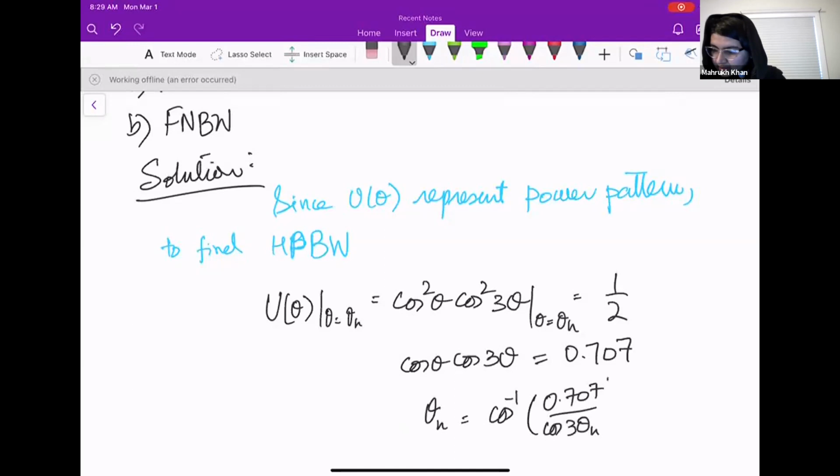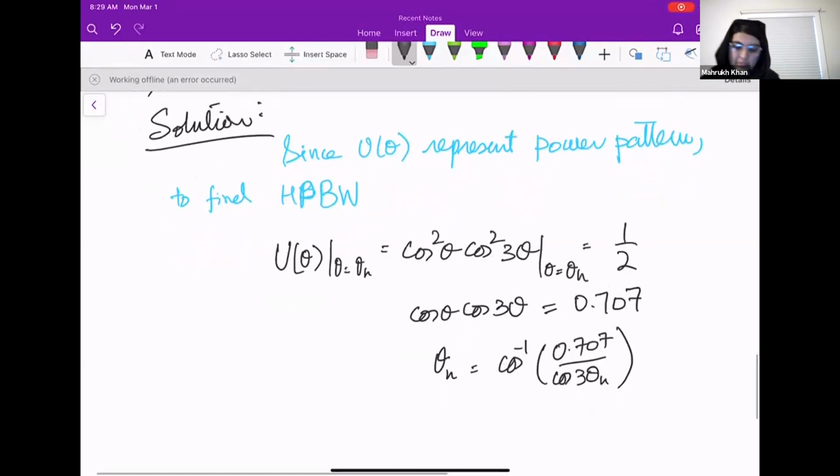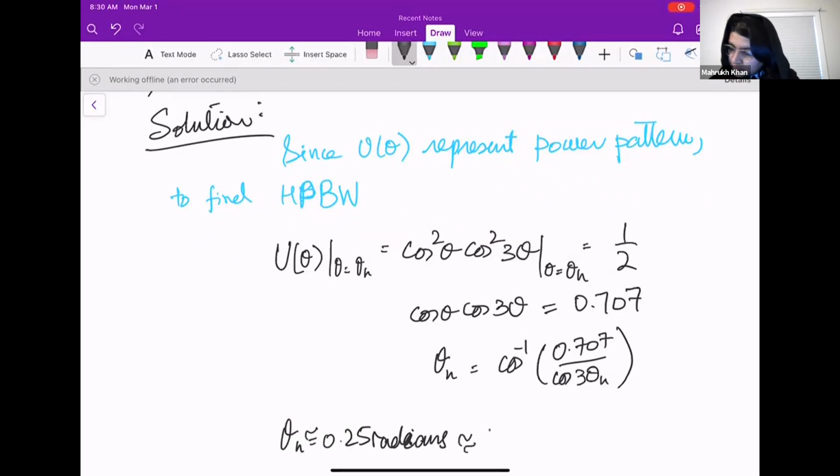They have applied iterations to find at what point you can find theta h. So theta h comes to be 0.25 radians, which is equal to 14.325 degrees. So this is the angular separation, the half power beamwidth, right?